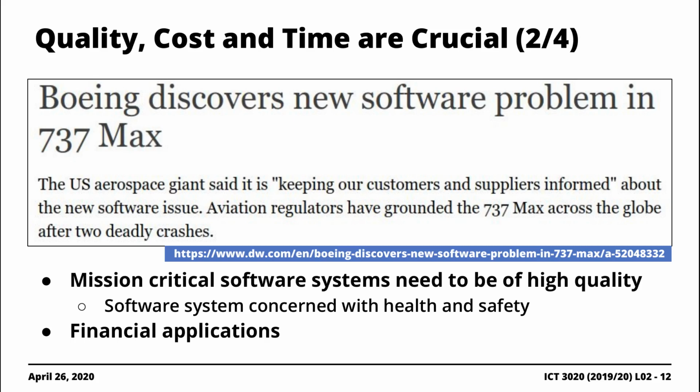People died. Why? Because of a software glitch, right? So all these different things that I just mentioned, the issue of quality and making sure that the product is delivered on time and within budget, are really important motivating factors that have led to the mainstreaming of project management insofar as software engineering is concerned.